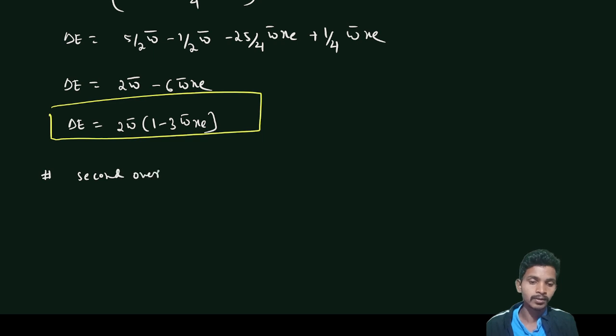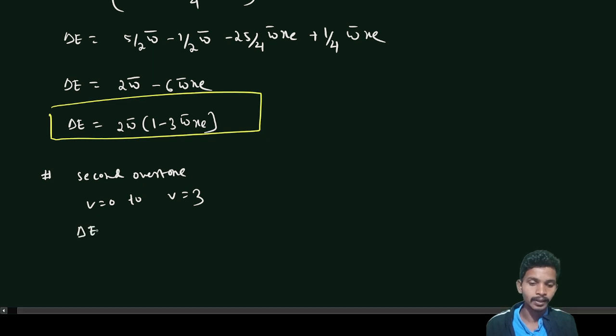Second overtone, that is v equal to 0 to v equal to 3. Okay, so the energy ΔE is E at v equal to 3 minus E at v equal to 0.